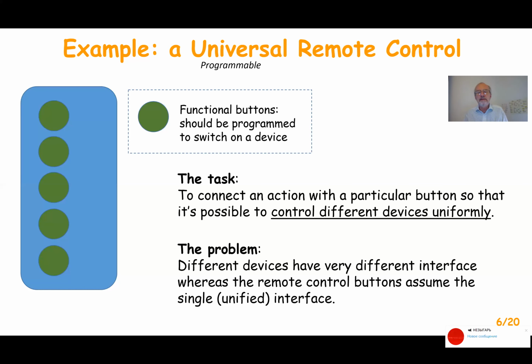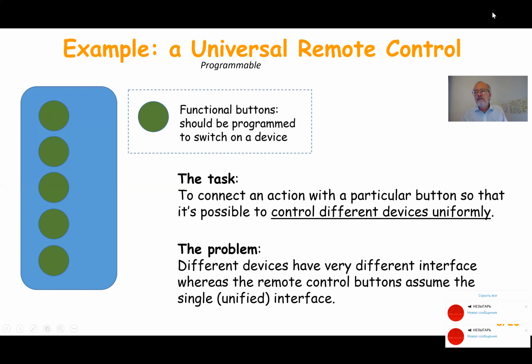Look at the slide. The problem is that different devices have very different interfaces or APIs, whereas the remote control buttons assume a single unified interface. So the task actually is that we should harmonize the unified API of such a universal device and the different APIs of particular devices.